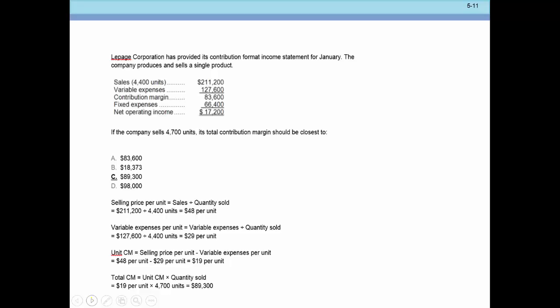And for this one, they're telling me that a company sells 4,700 units. Its total contribution margin would be closest to what? And again, guys, I would come up with the contribution margin per unit, which they say the contribution margin is $83,600, and that's when they're selling how many? 4,400 units.